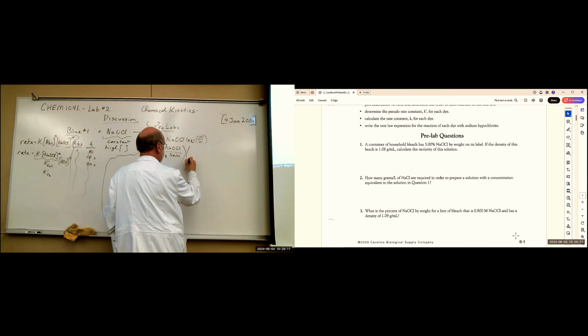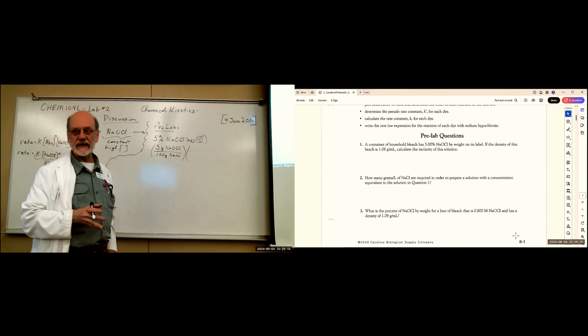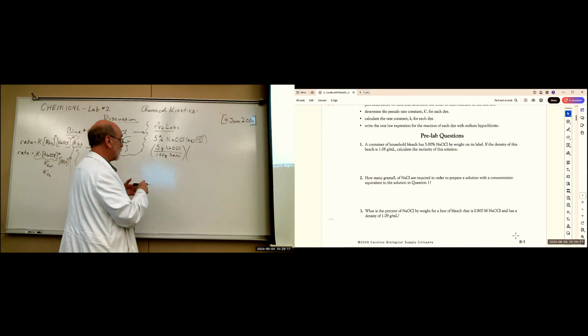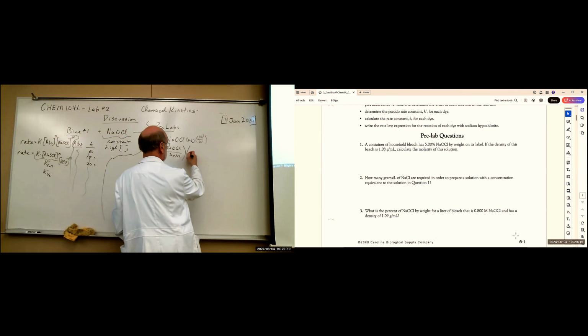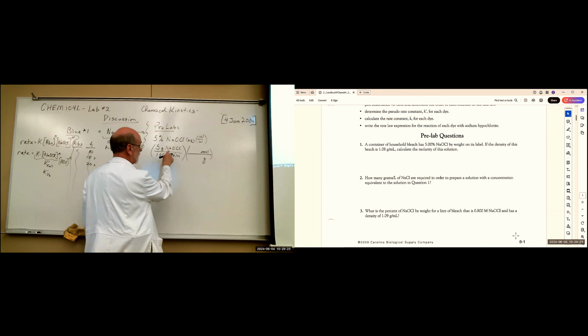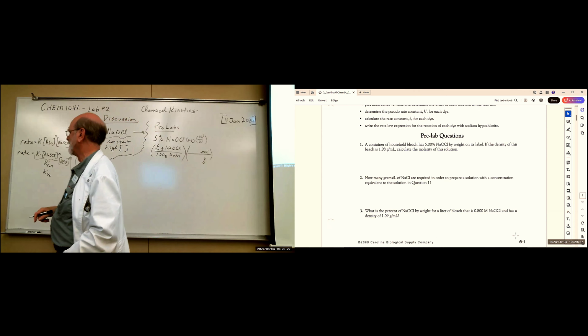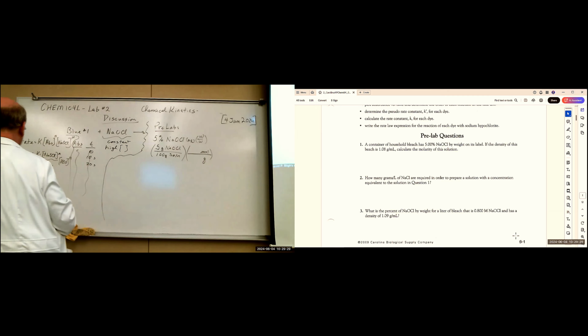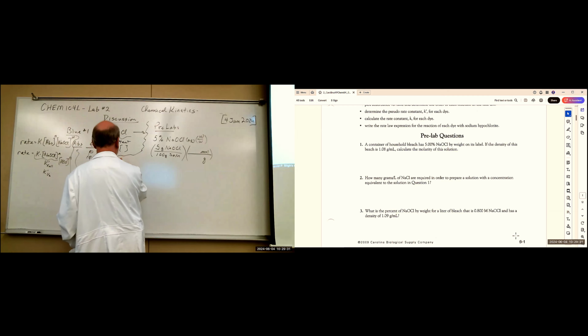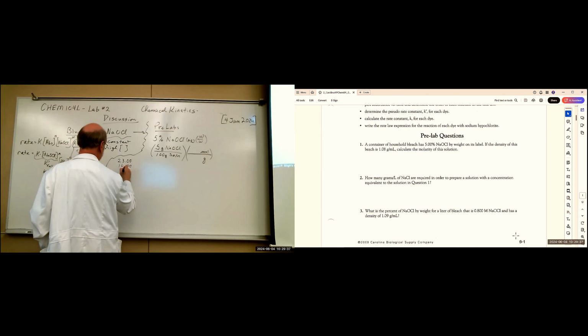We want to end up with moles per volume. So we can convert moles first if you want. Do that. Grams, moles. So we're going to find out how many moles that represents. So sodium hypochlorite, right? Sodium is 23 grams per mole. Oxygen is 16. And chlorine is 35.45.